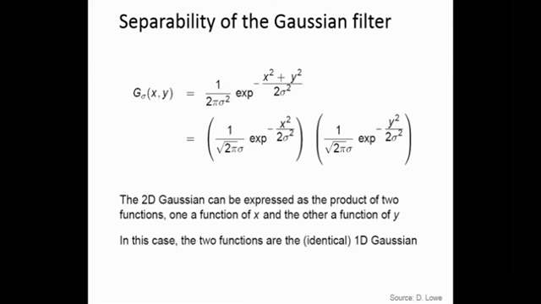You can read it. And then I can separate that out into a function that depends only on x and a function that depends only on y. So I can express the 2D Gaussian as a product of two one-dimensional functions, one a function of x and one a function of y. In this case, each of those functions is a 1D Gaussian. So we can use that in filtering.